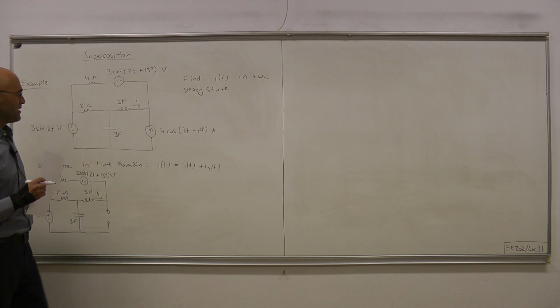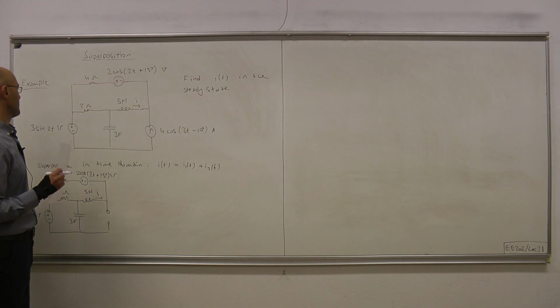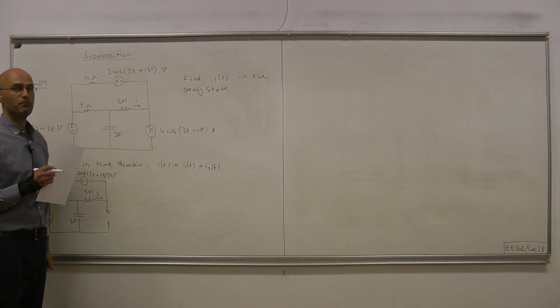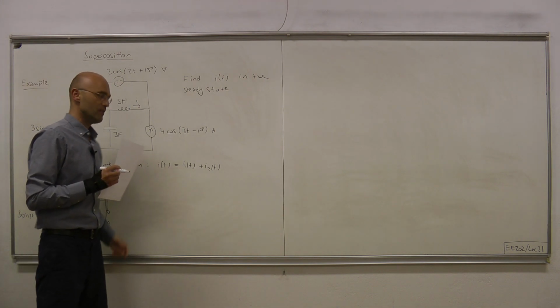And then we can kill the sources that oscillate at 2 radians per second and let this one be active only.